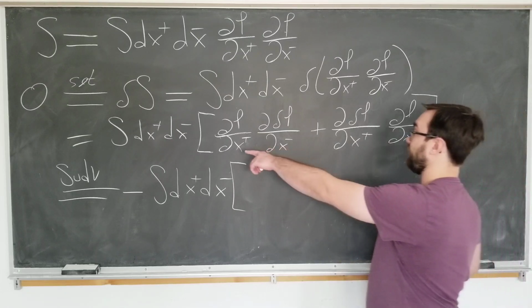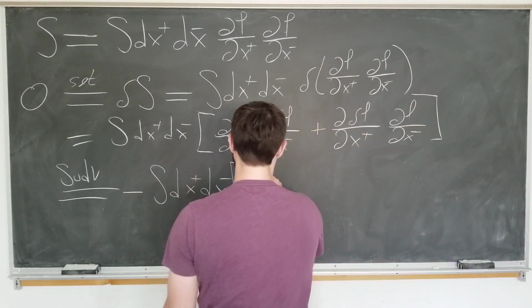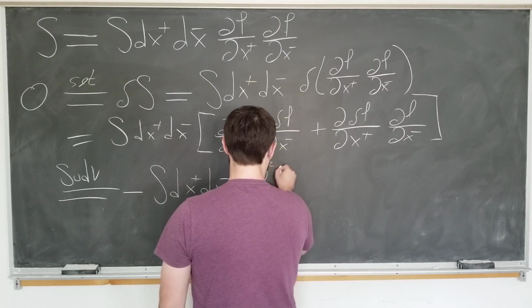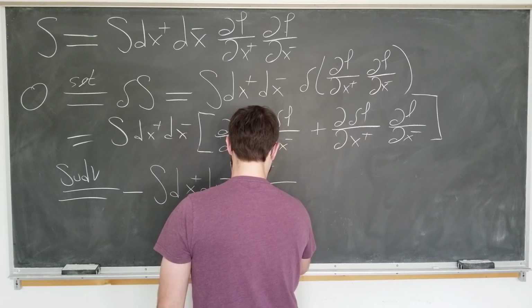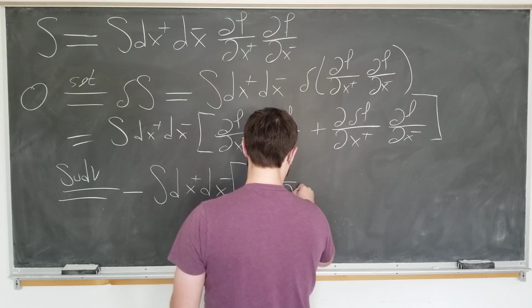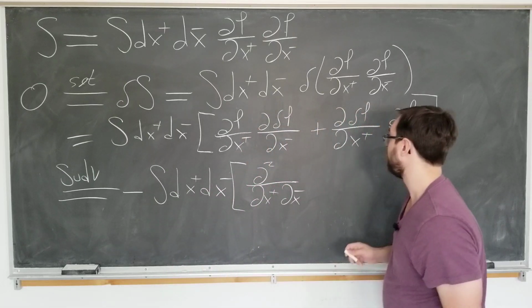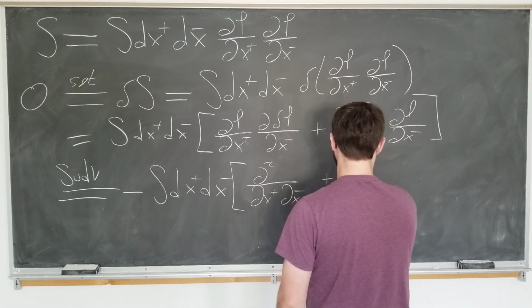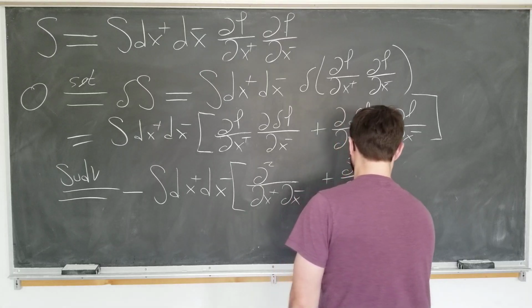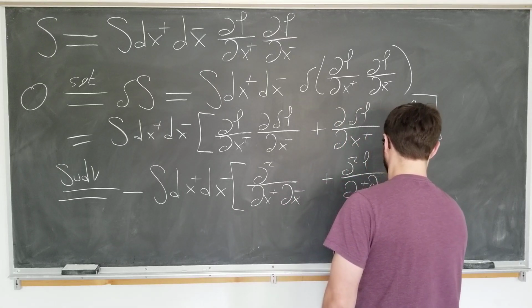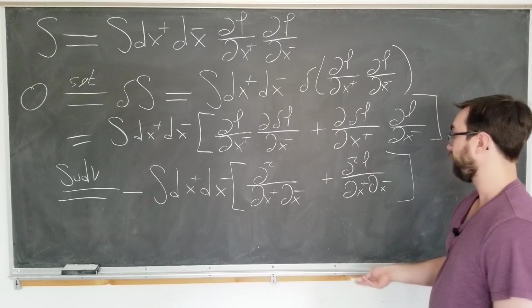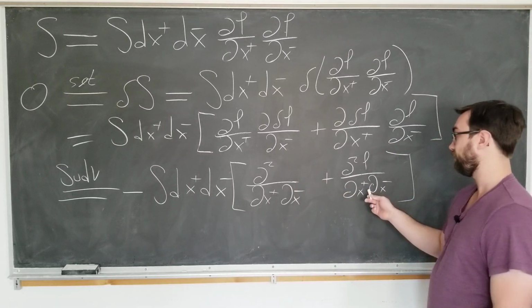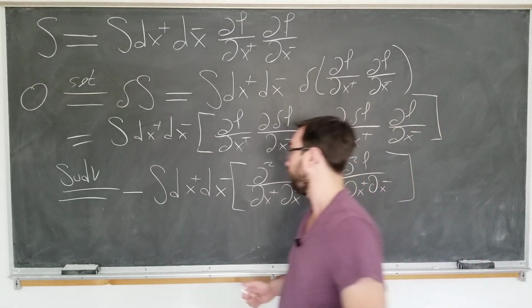So we have the overall minus sign, and now we have what we know to be the answer: d squared phi by dx plus dx minus, and we have the same thing again, plus d squared phi by dx plus dx minus, and we see we get twice the same thing here, so just write it out.